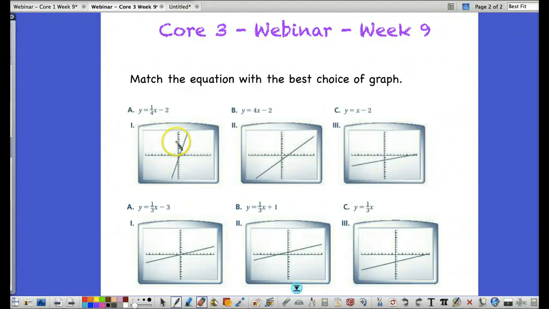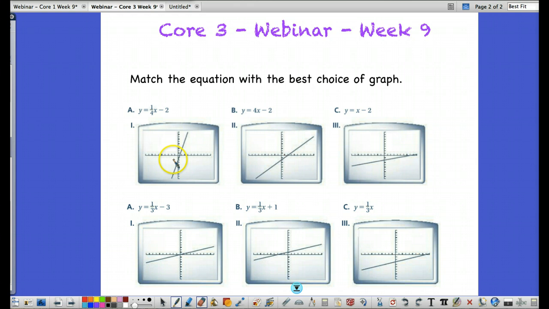All right, you guys. Let's look at this first one. Here's the key for when you're doing these graphs. This -2 on the end, that's our y-intercept, right? We look at all these first, and it looks like 1 is probably -2. You know what 2 could be and 3 could be. So that's not helping us. Then I look at my slope. Well, my slope is positive. All these are positive too, so that's not helping us either. So now I'm going to look at the type of slope. It's a fraction, right? It goes up 1 and over 4.